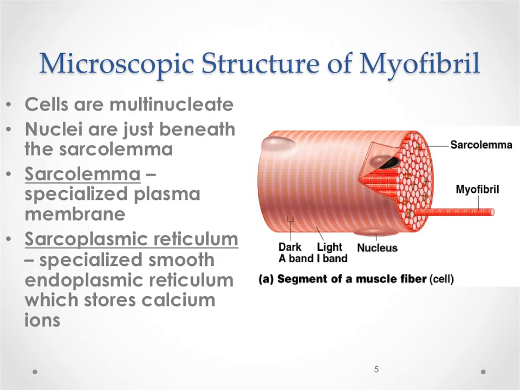And we will see that it is made up of smaller units called myofibrils. Here's the sarcolemma that we talked about surrounding the whole muscle fiber. And then myofibrils are even smaller units of that cell. It also contains a sarcoplasmic reticulum, which is a specialized type of ER, endoplasmic reticulum, which stores calcium ions. And the calcium ions will be needed to initiate a muscle contraction.